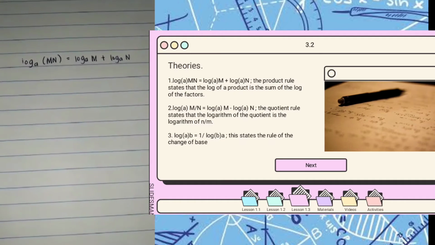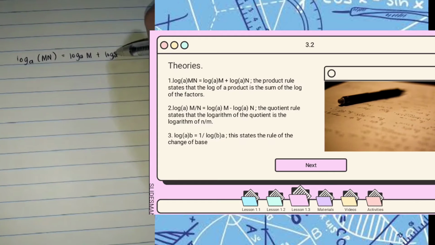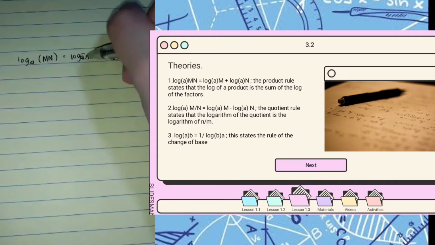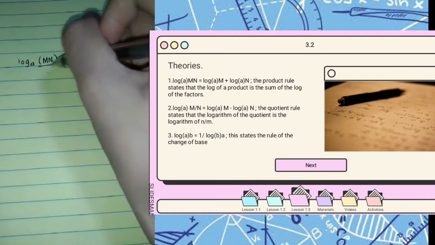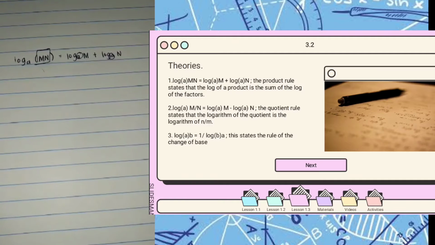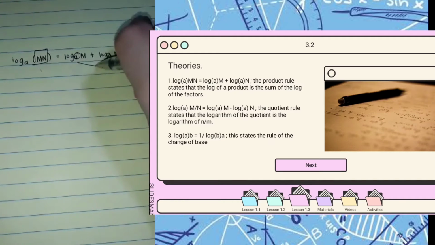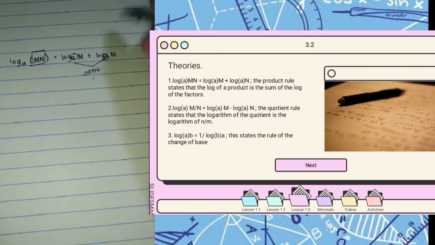If mag-a-add tayo ng dalawang logs na may same base, we write the argument as the product of the two arguments. Mapapansin din natin na same yung base nila para ma-prove yung theorem or rule.